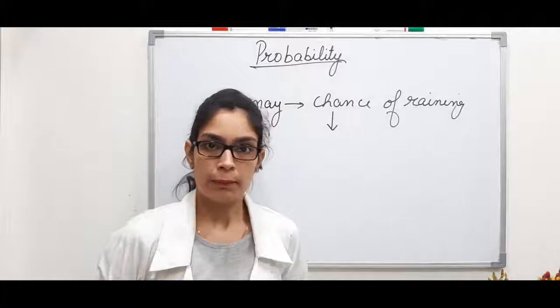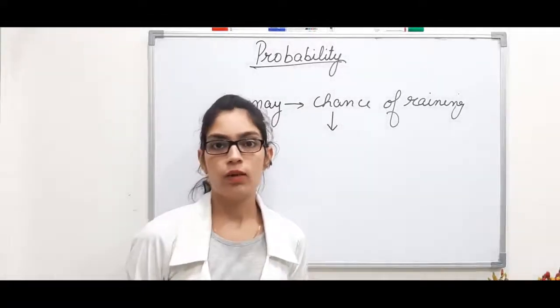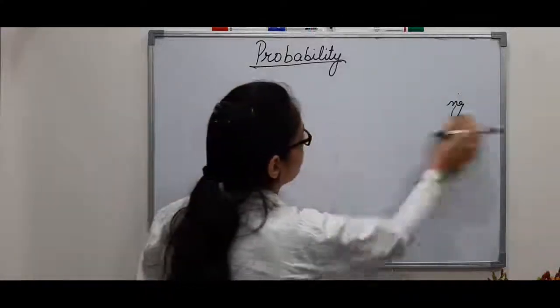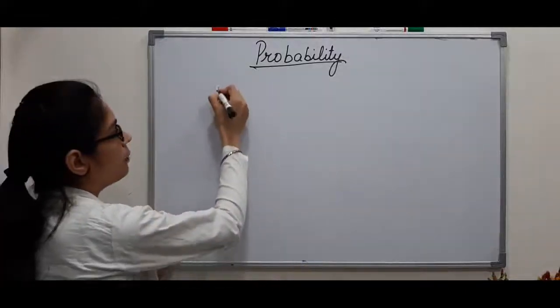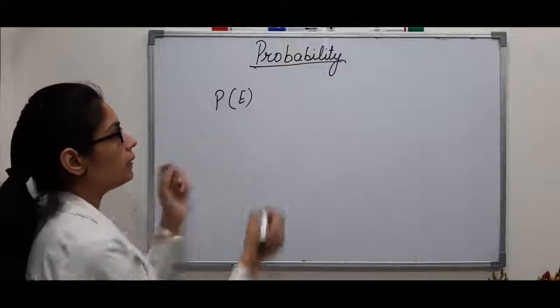Now in mathematics we do have one formula to calculate the probability of an event. So let's see the formula which we will be using throughout this entire chapter. Probability of an event, it is denoted by P(E).